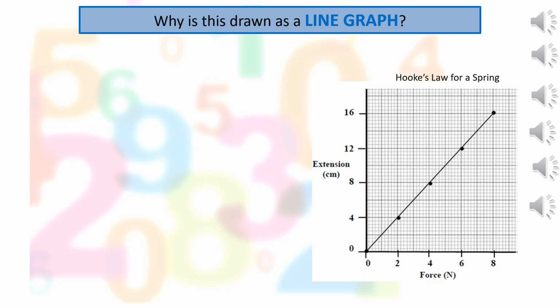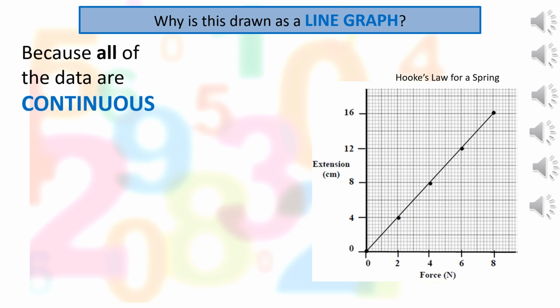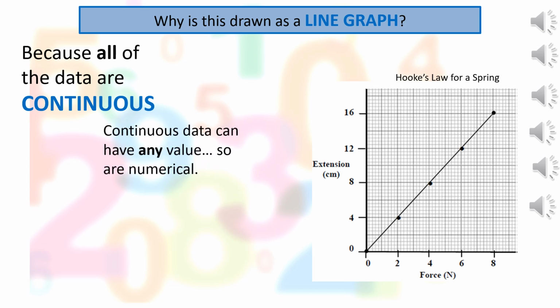Okay, so why is this one drawn as a line graph? Answer: because both sets of data are continuous. Continuous data are numerical.